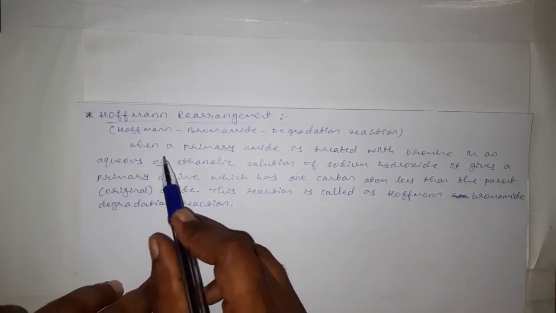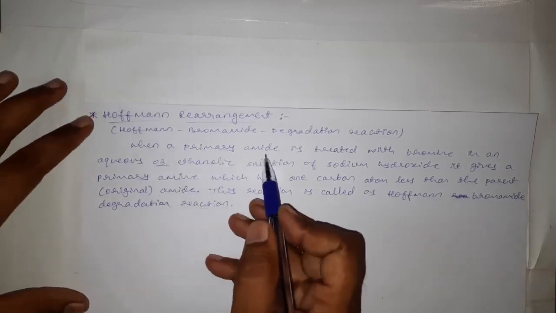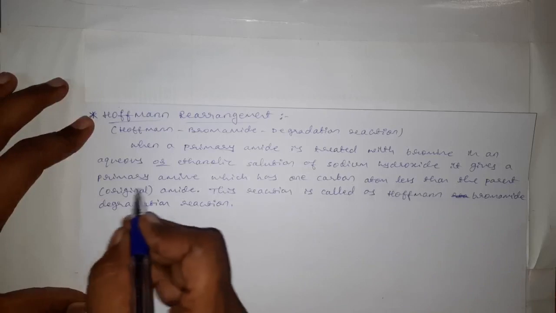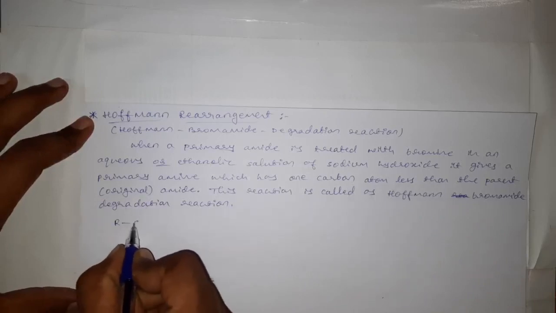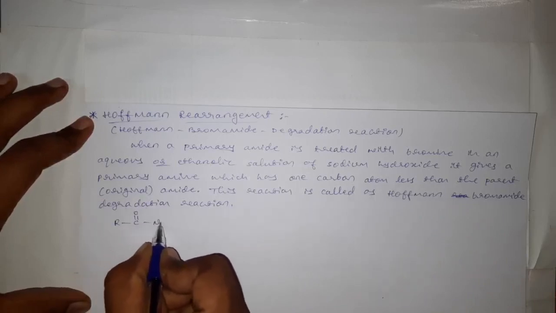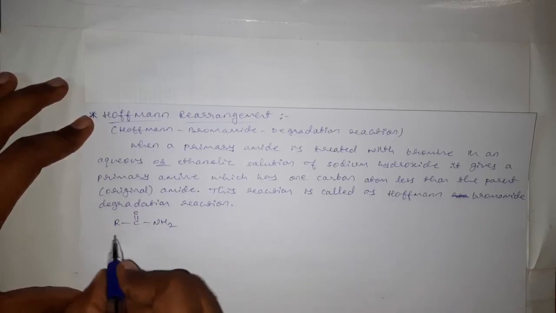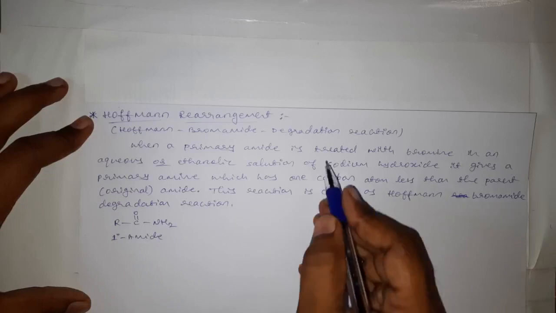See, when a primary amide, we know the formula for amides. This is a primary amide, that is 1 degree amide.